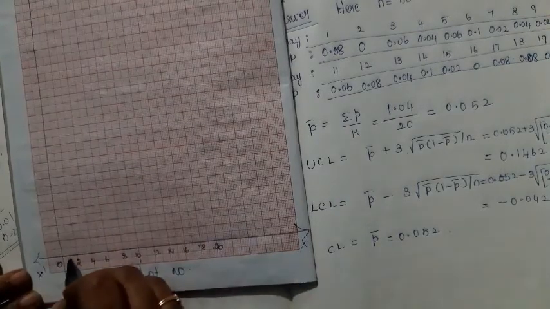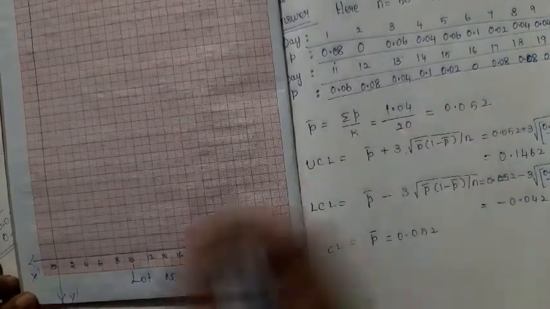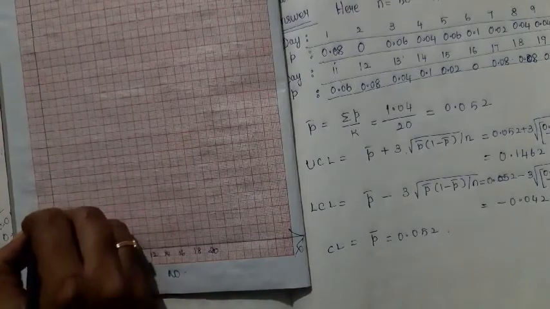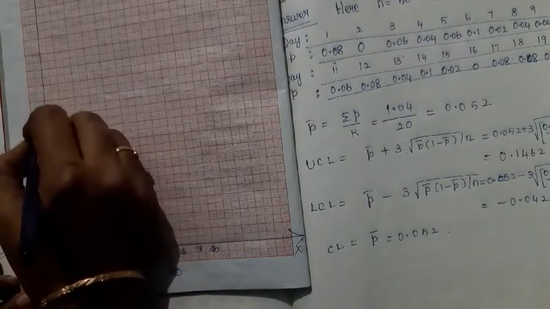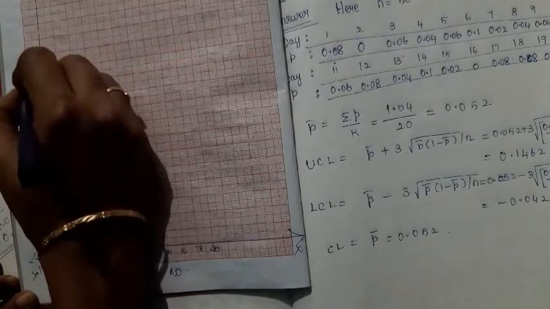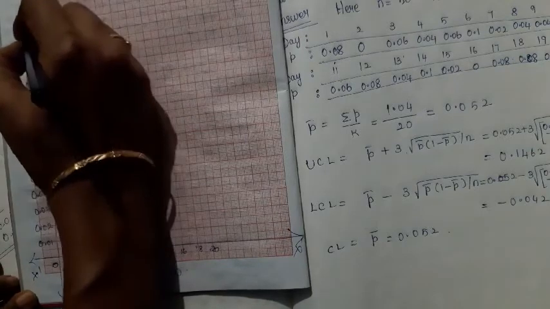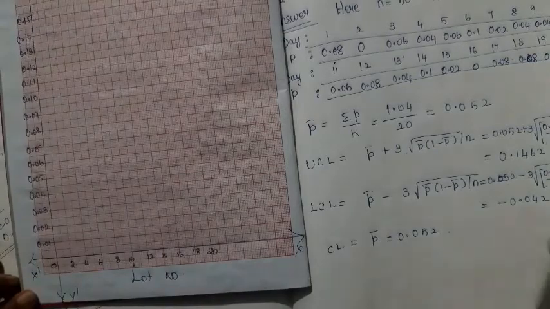Seeing the fractional values, I am selecting the scale 0.01, 0.02, up to 0.15. This will be sufficient.